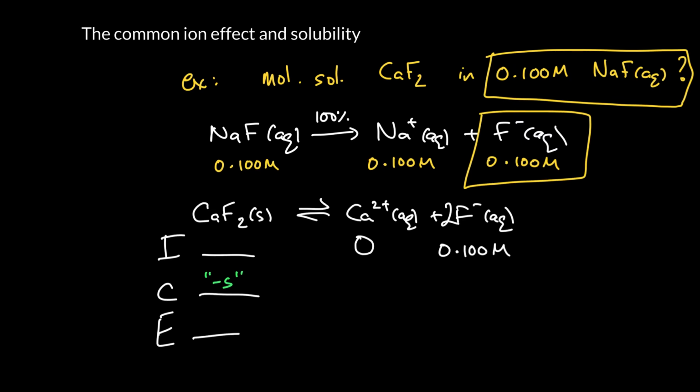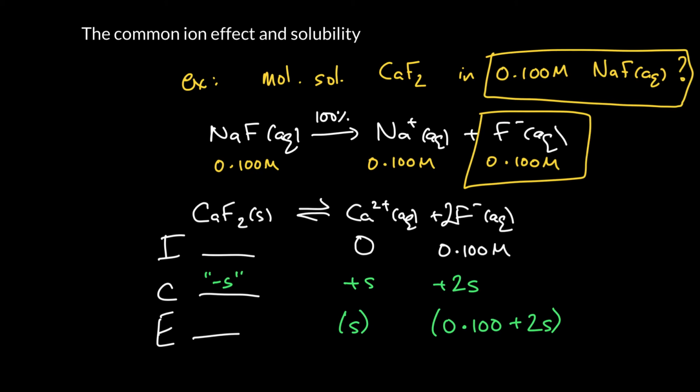Now I'm going to let it dissolve, and of course, if this goes down, this will go up by the same amount, and it'll go up by double the amount on the other side, so plus S, plus 2S. At equilibrium, I sum together the initial and the change, and here's the first case where the initial is not 0, so I have to take my initial 0.1 and add to it 2S. This is going to greatly change the solubility.